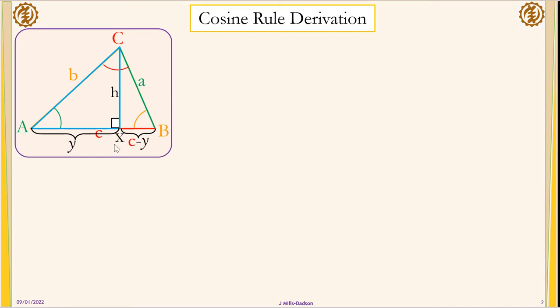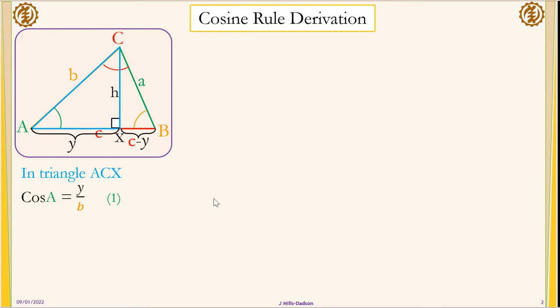So I would prefer to call this side Y. And if I call this side Y, this side should be the original C minus Y, because the whole length was C before. So if I name part Y, the remaining should be C minus Y.